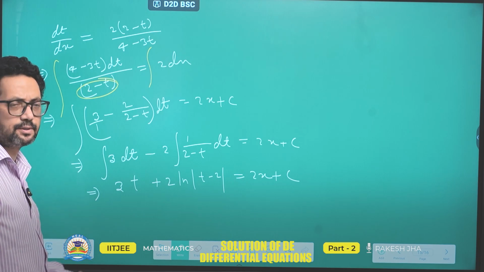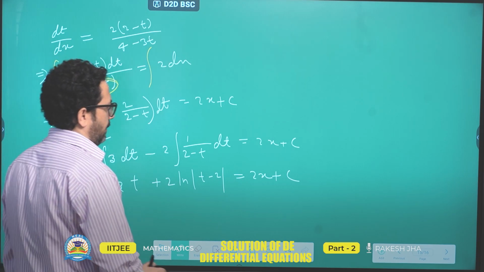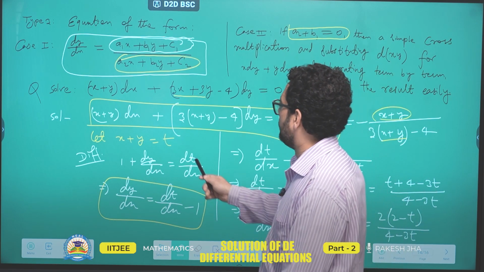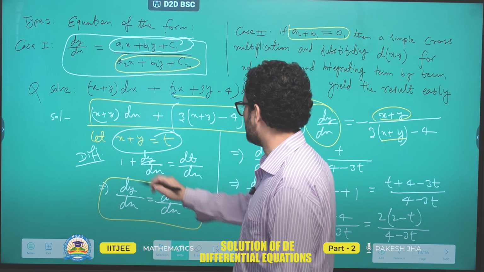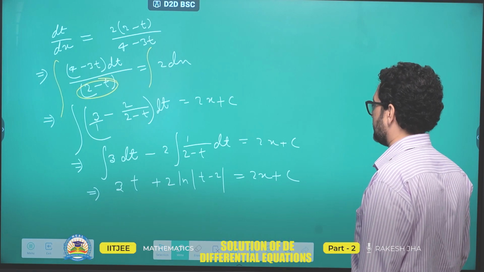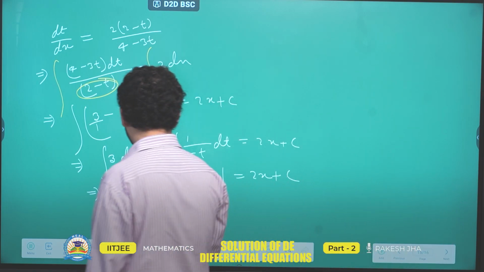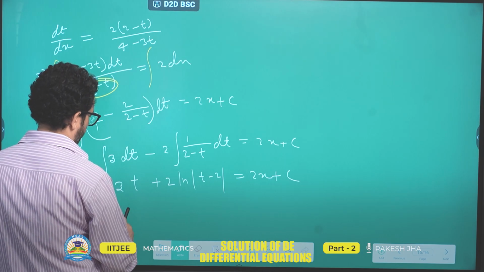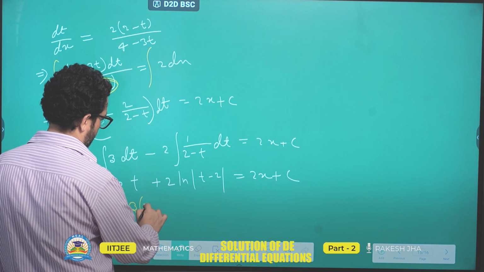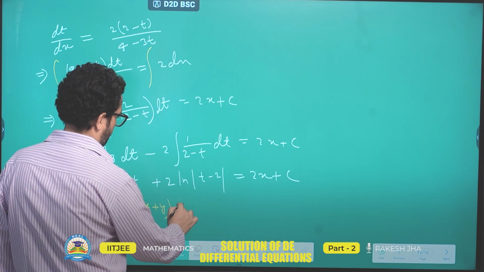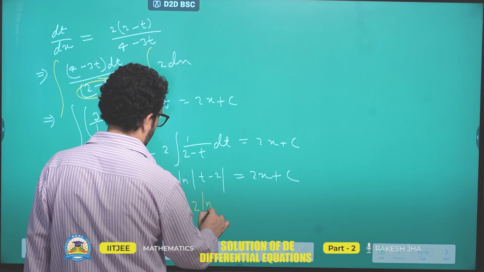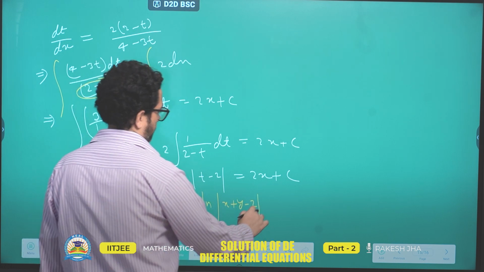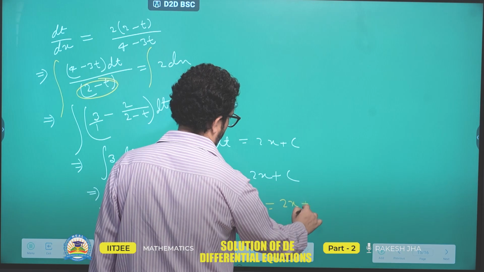We will just replace the value of t here. We assumed in the previous slide that t is basically x plus y, so this substitution we have to return. In this case the final answer would be 3 times x plus y plus 2 times ln of x plus y minus 2 is equal to 2x plus c.